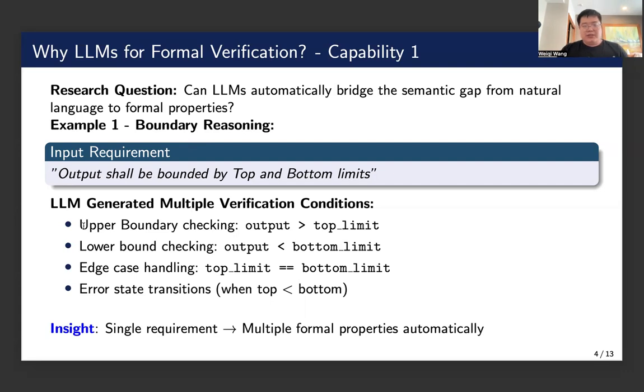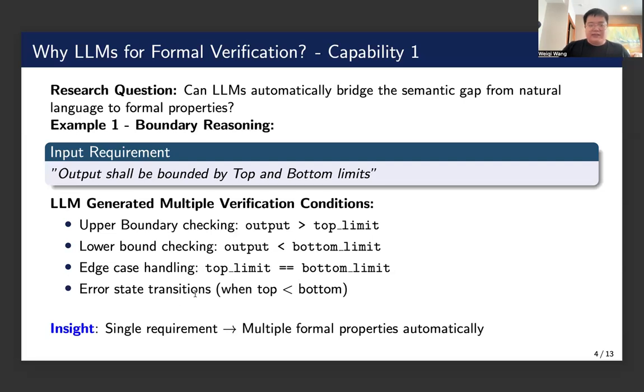First, we need upper boundary checking. We put this in an assertion, so when it is violated, it will be reported. And the lower bound looks like that. Edge case handling in the system: this is the edge case where, when this happens, it should be another value. And the LLM understands that.